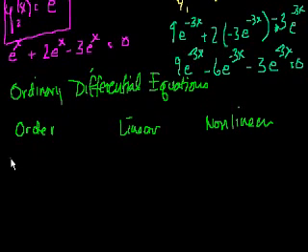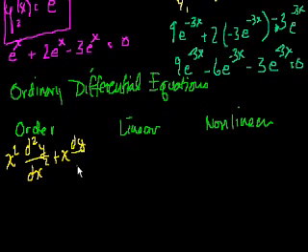Let me write down one from my college differential equations book: x squared times the second derivative of y with respect to x, plus x times the first derivative of y with respect to x, plus 2y, is equal to sine of x.